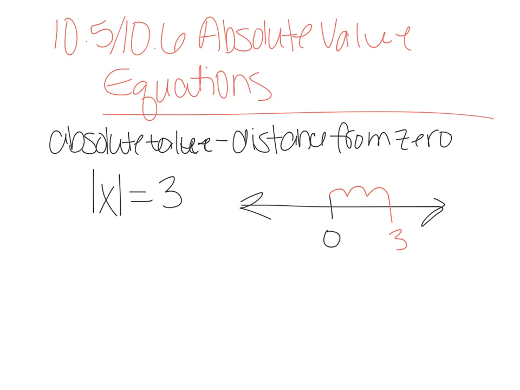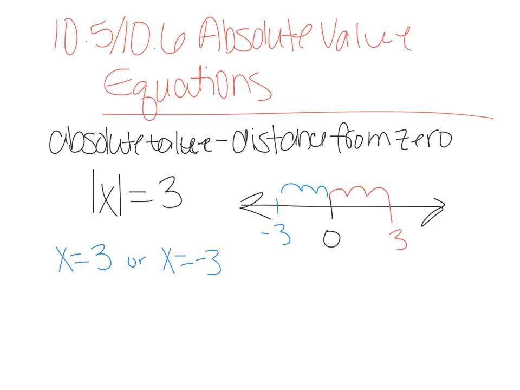You could also walk to the left, 1, 2, 3 steps, and I could also end up at -3. So if the absolute value of x is 3, x could be 3, or x could be -3.